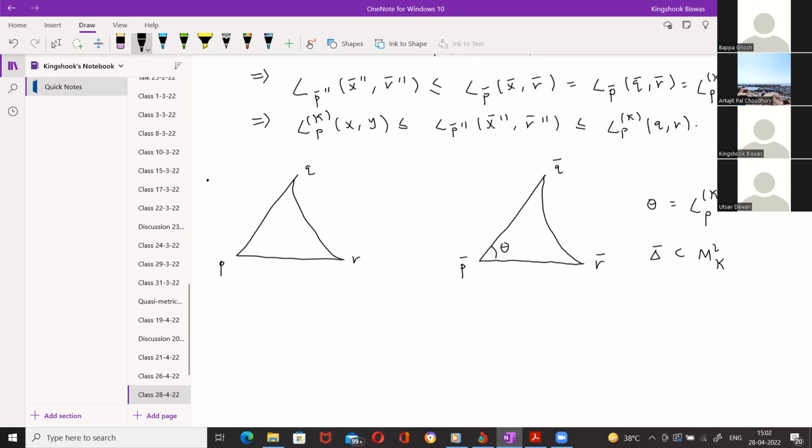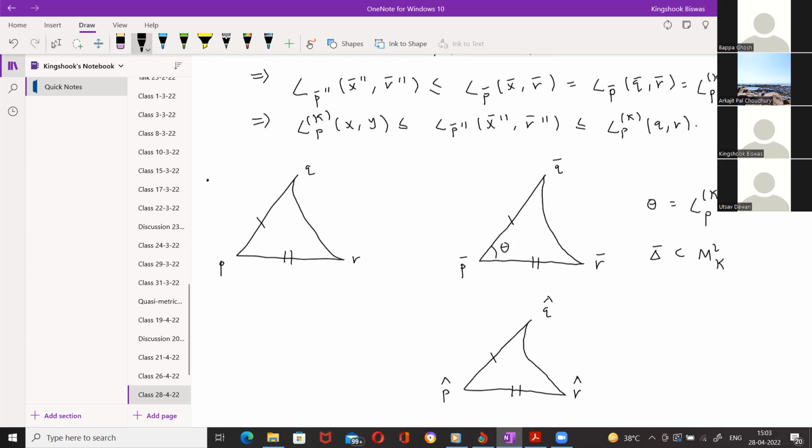And I'm drawing another triangle in M2 kappa, P hat, Q hat, R hat, such that this distance PQ is the same as P bar Q bar, and PR is the same as P bar R bar, and PQ is the same as P hat Q hat, and PR is the same as P hat R hat.